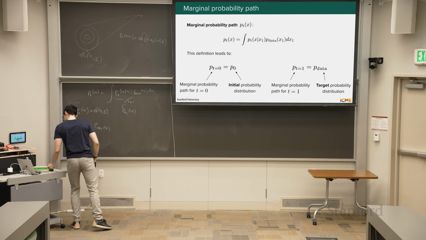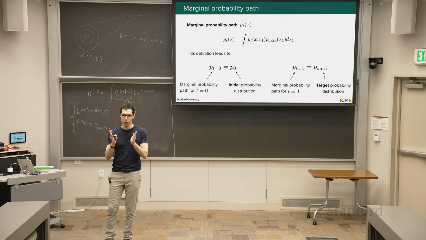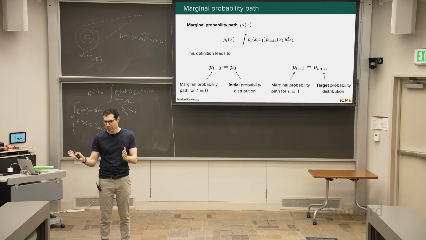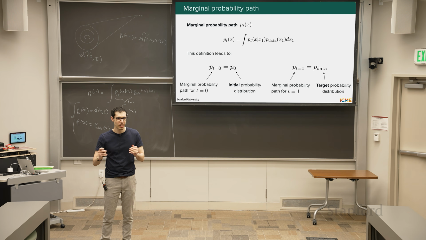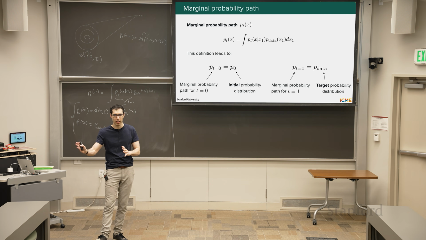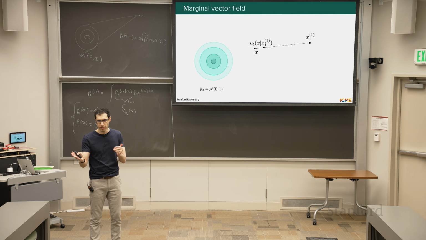Now our goal, because just remember, what we want is to go from 0 to 1, and we want to learn the vector field that is getting us from 0 to 1. The good thing here is we have a probability path that is getting us from 0 to 1. So now let's look at the vector field. Let's see if there is a way for us to aggregate the conditional vector fields such that it is going to enable us to go from 0 to 1.